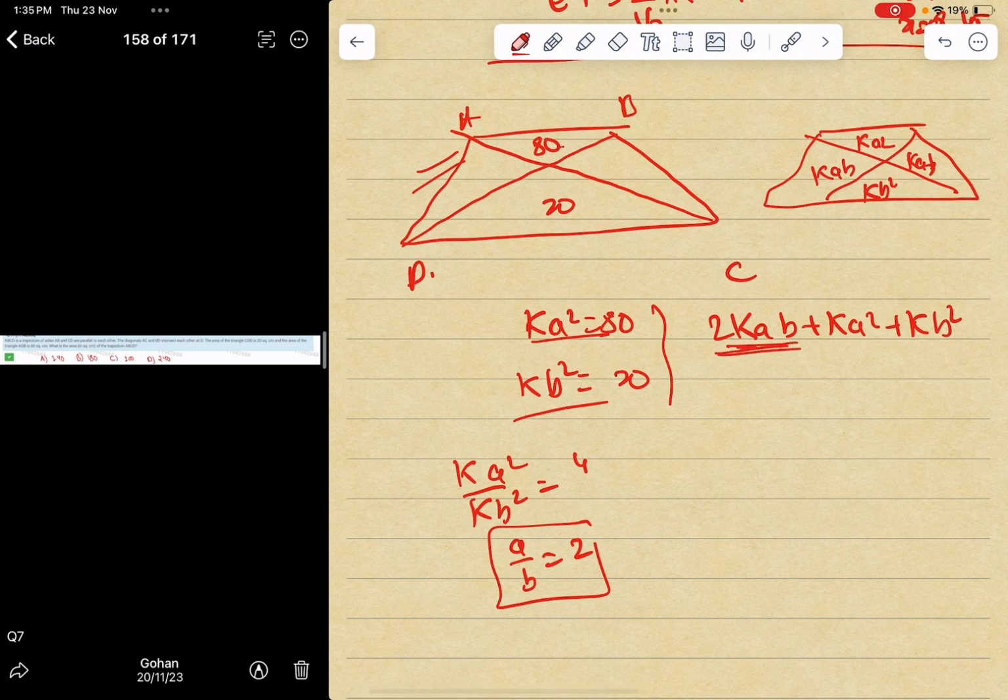2KAB, how can we find out this? KAB. K we know is how much? KA into A is 80, so we can write this as 160B. What else can we do? Area is 2KAB plus KA square, so 160B plus KA square, which is 80 plus 20. Let us find out B. B is A by 2.